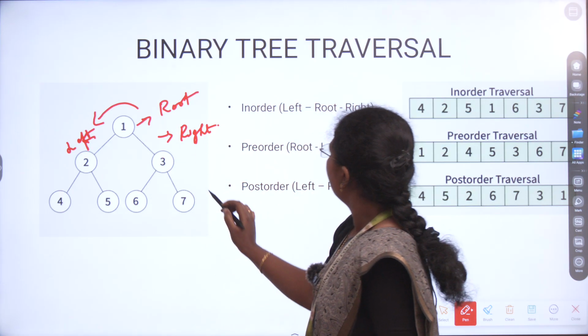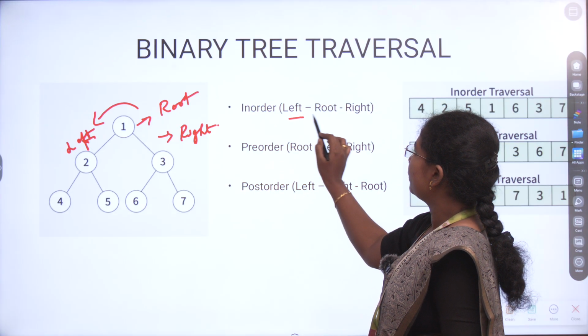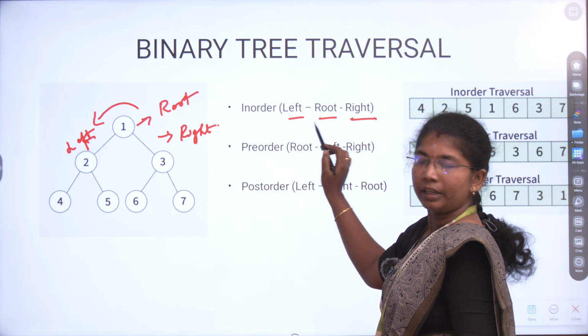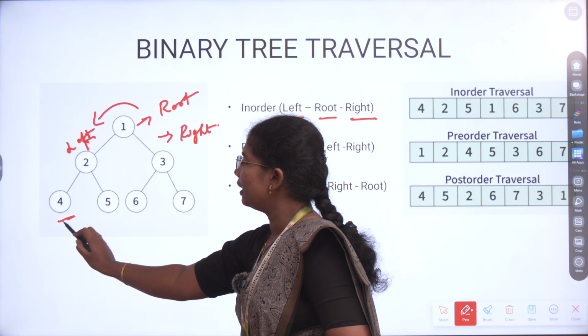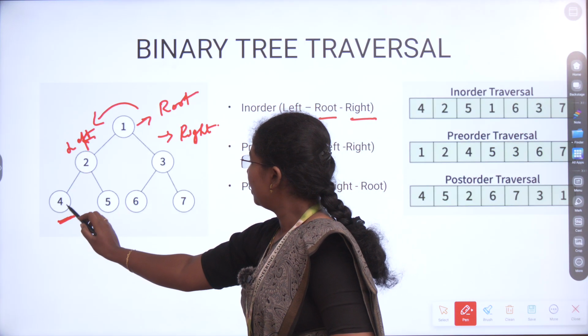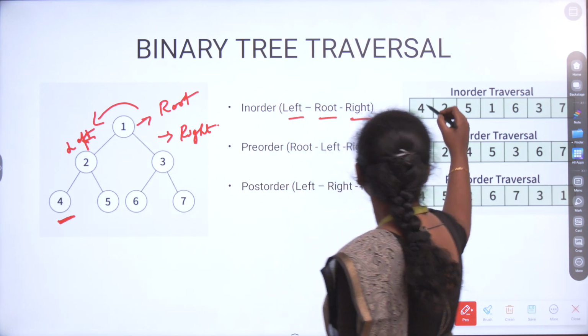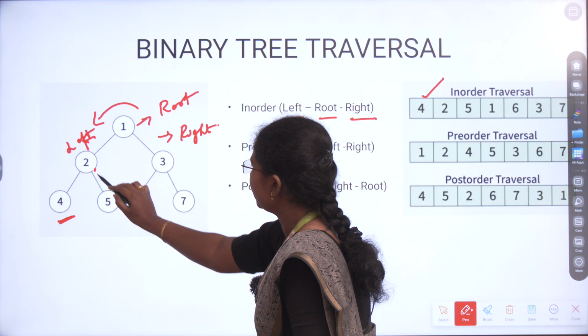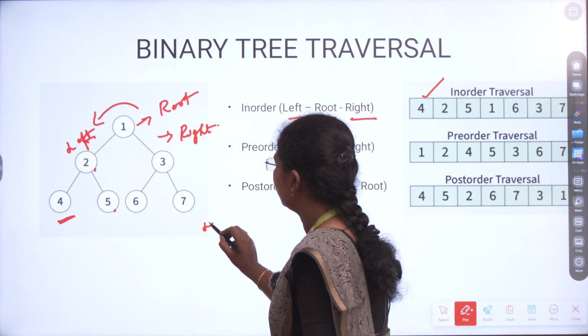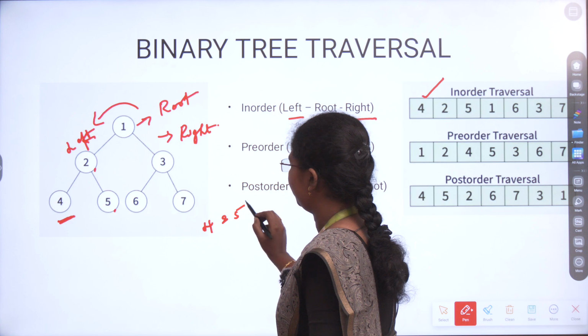In-order means left, root and then right. First you move to the left side. This is the leftmost chunk, so this 4 has to be written here. Now left, root and then right, so the values will be 4, 2, 5.